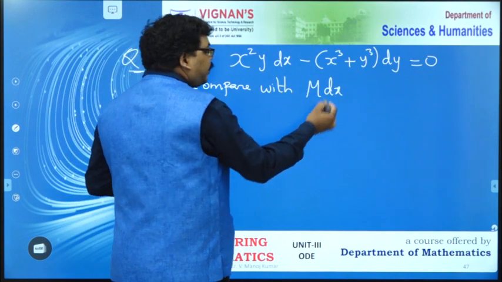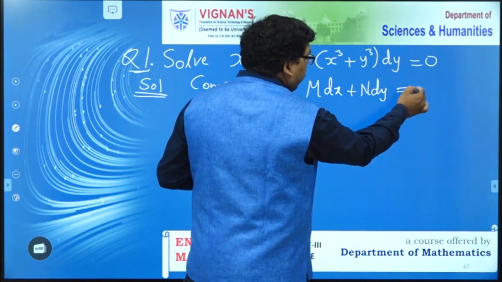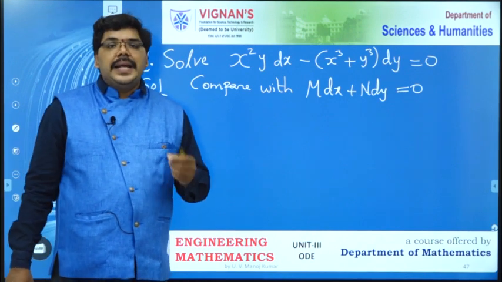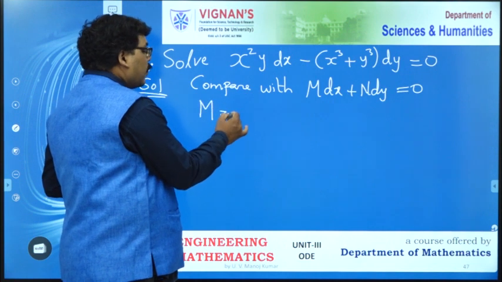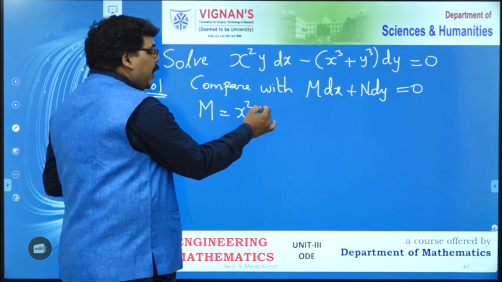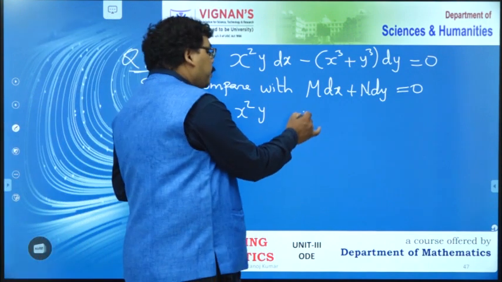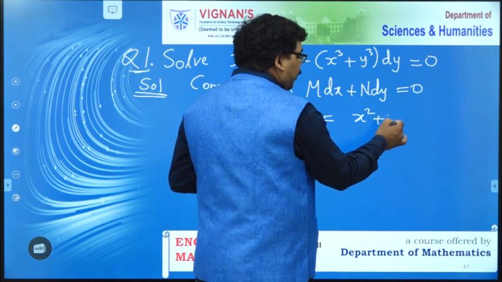When you compare, you will get M equals to x square y. And what is N? x cube plus y cube.